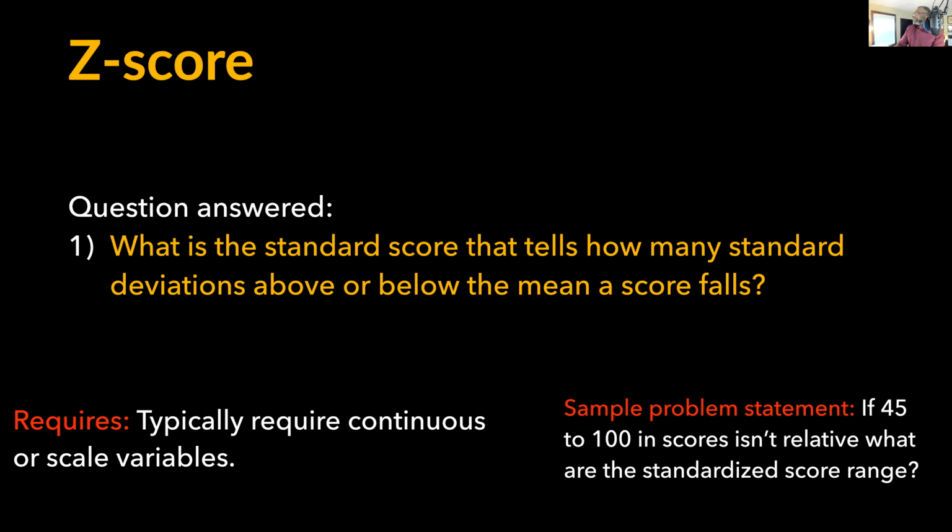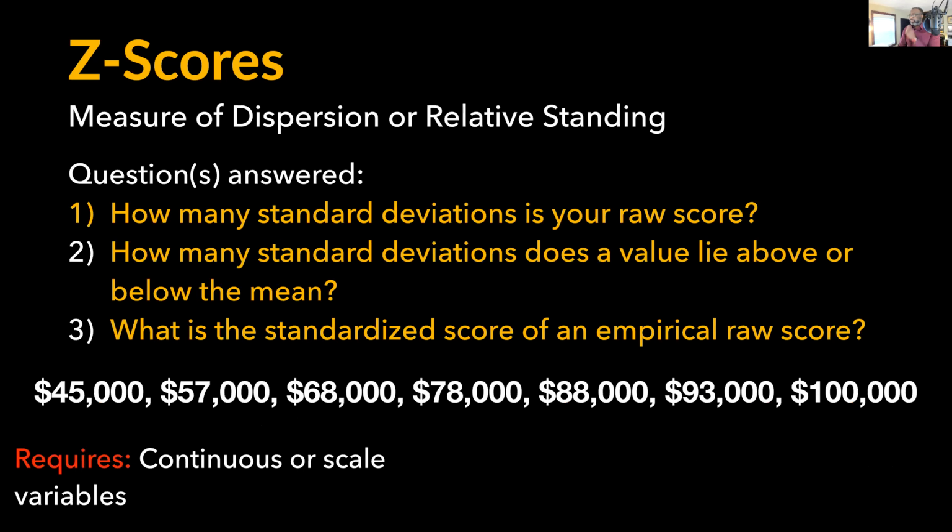So z-scores are basically decimals, and they tell you how many standard deviations. It's really a number that represents how many standard deviations your height or your salary or whatever your measure is falls above or below a mean. And we're going to do that right now.